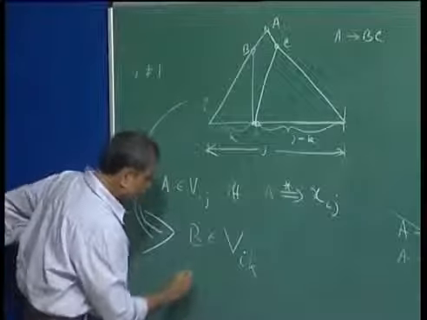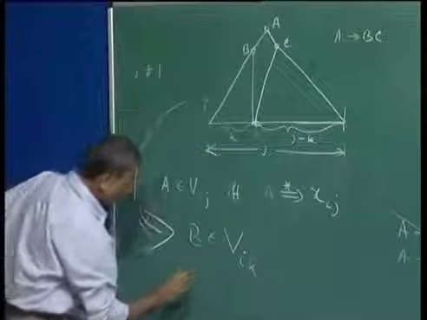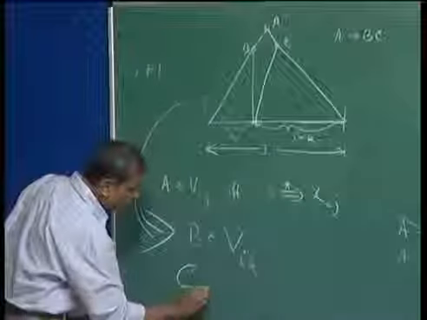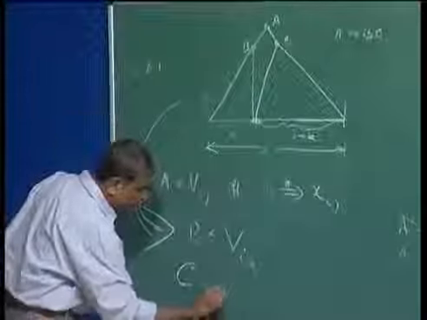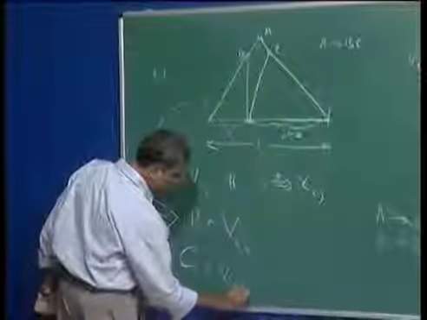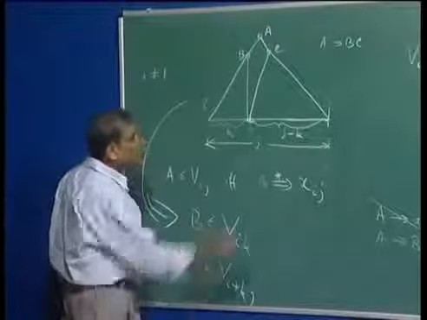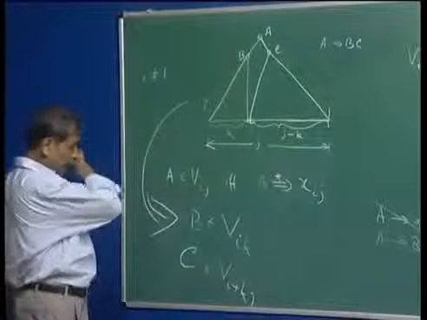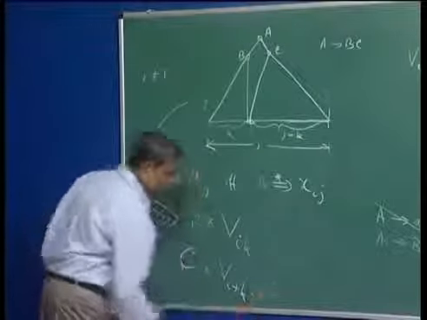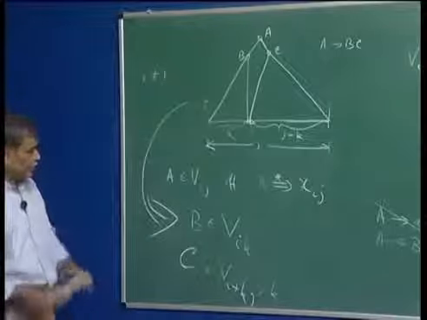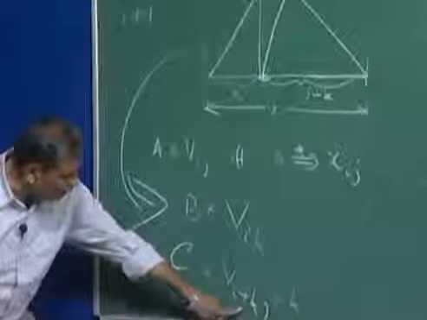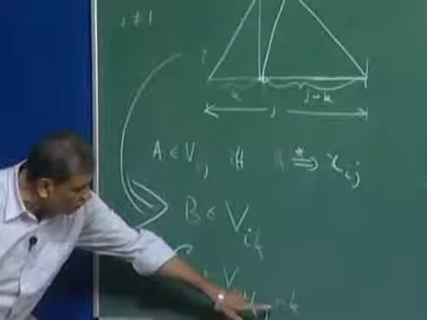So similarly, it is not difficult to see that C has to be a member of V i plus k, and as we said, this length is j minus k. So B is in Vik and C is in V i plus k comma j minus k.